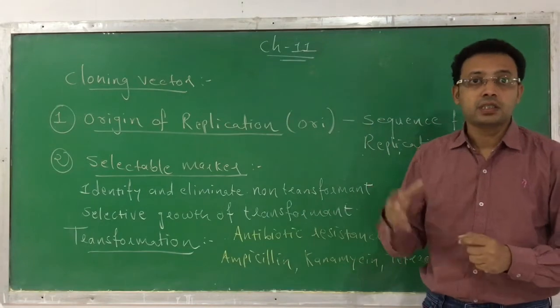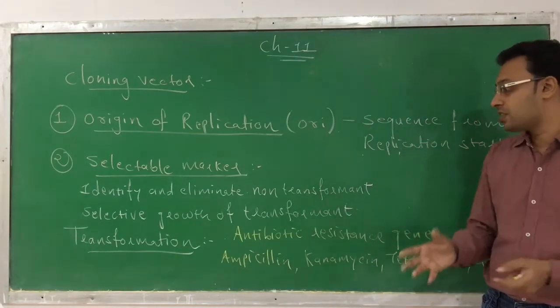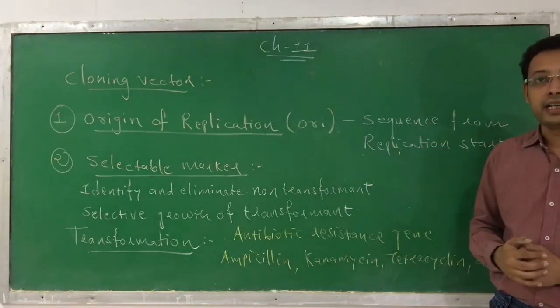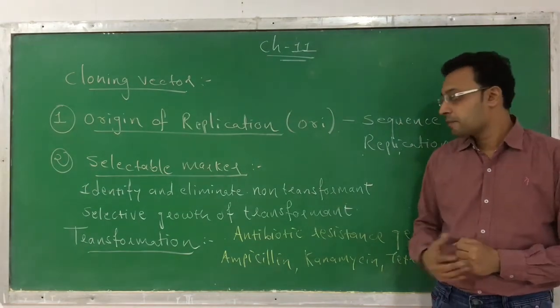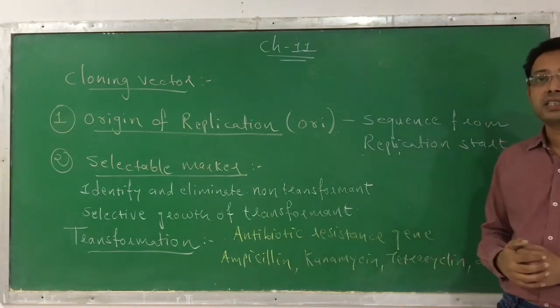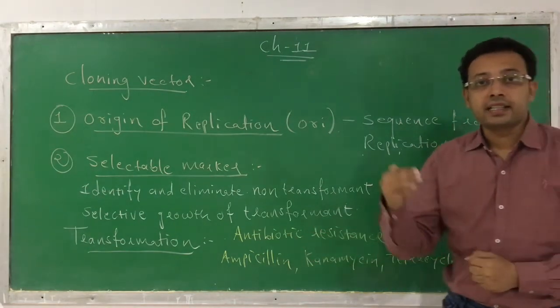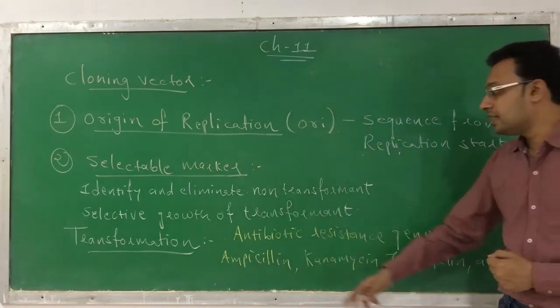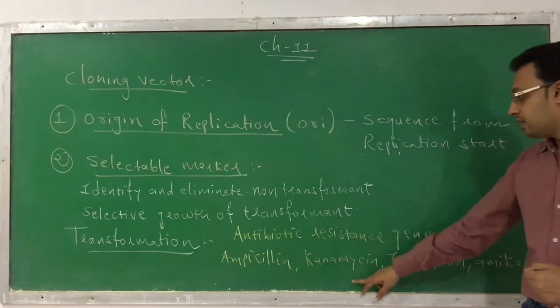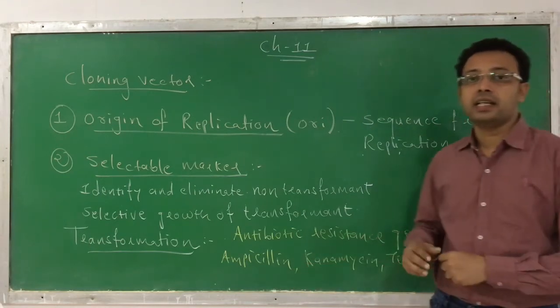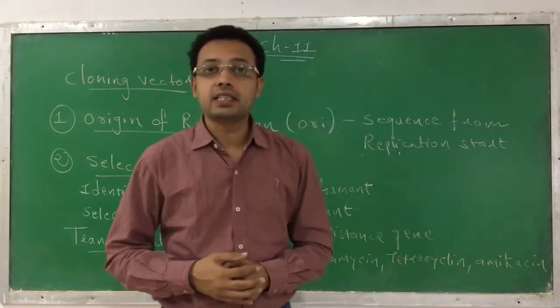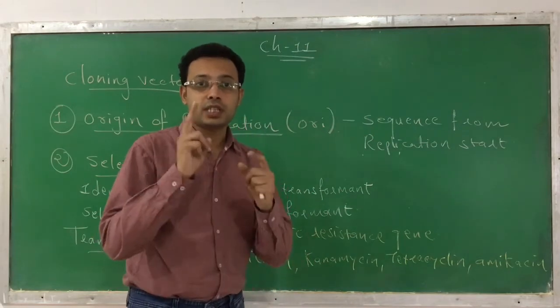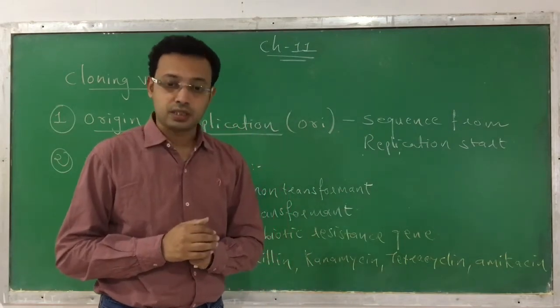Transformation is a process in which a change occurs. Clear? Antibiotic resistance genes such as ampicillin, kanamycin, tetracycline and amikacin can act as selectable markers. So these are the first two requirements which we have discussed.